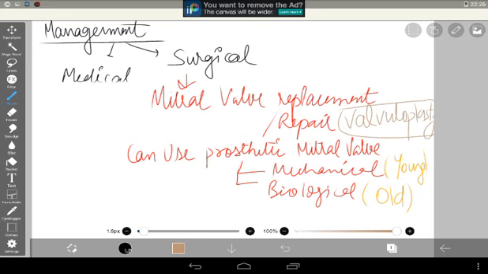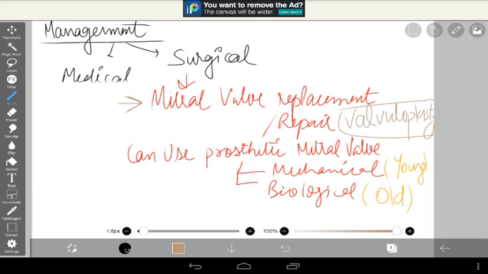In the surgical treatment we can do a mitral valve replacement or a repair, that is reconstruction or valvuloplasty, when the valve disease is predominant and becomes too severe and there is no evidence of bacterial endocarditis. Then we are going to do this replacement or repair, that is valvuloplasty.